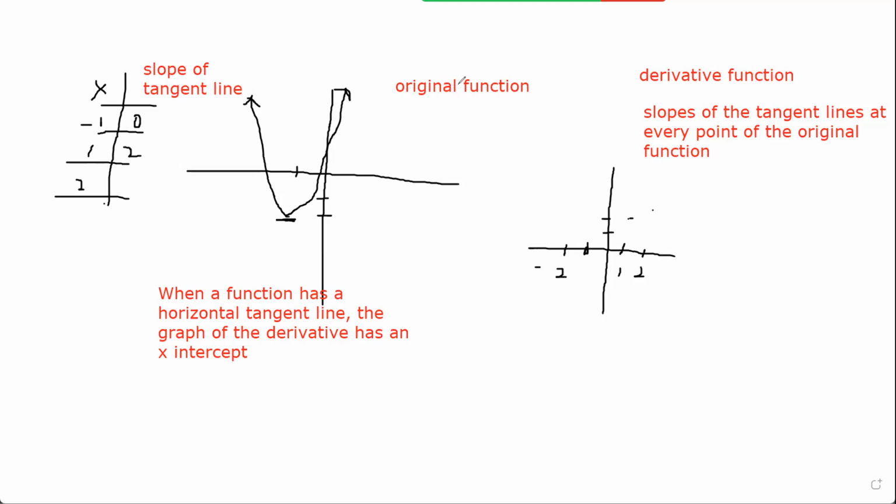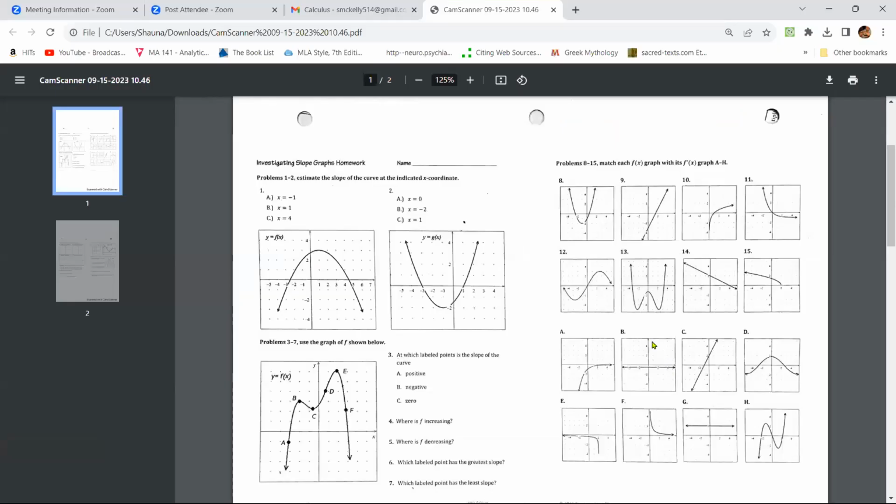Let's look at -2, somewhere here. Remember, we're not estimating the point. We're estimating what we think the slope is at this point. We're estimating the slant of this line.